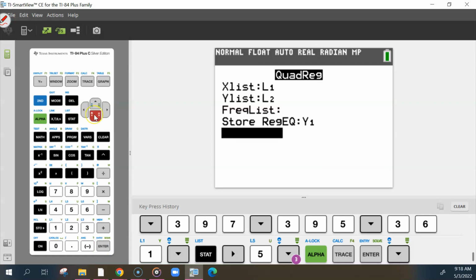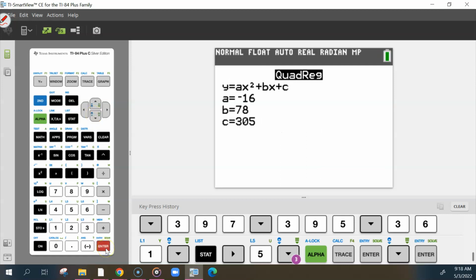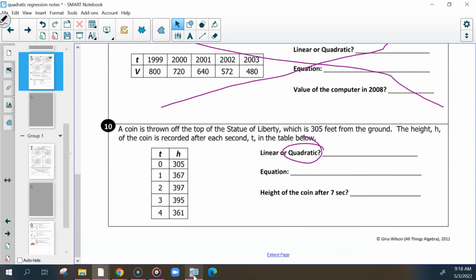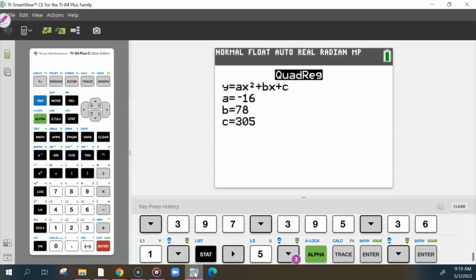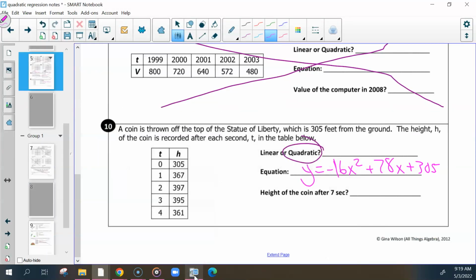And then calculate it. So our equation would be negative 16x squared plus 78x plus 305. Do you have any questions on how we got that part?